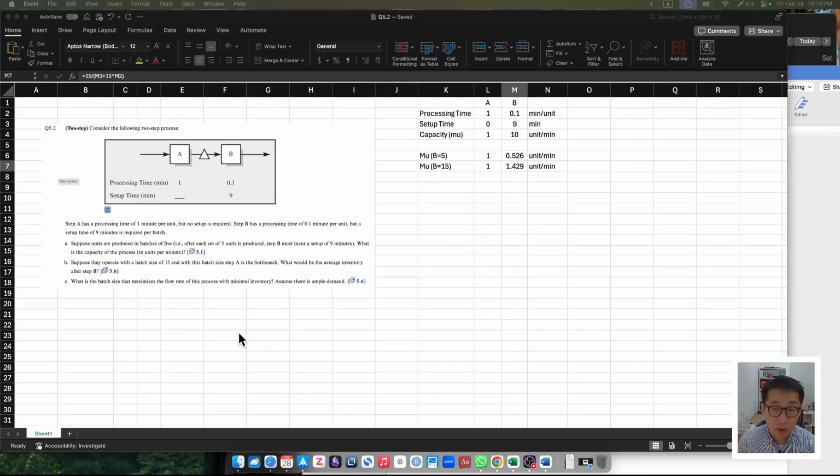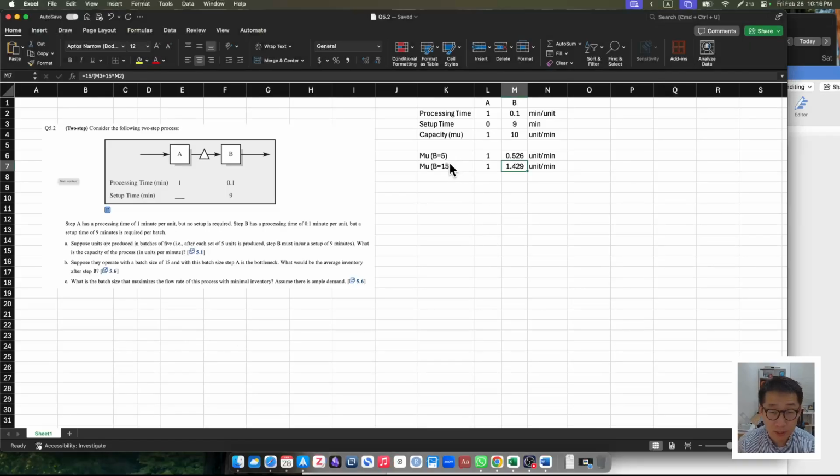If you recall lambda over mu, we have a lot of mu's here and you don't know which one to use. So we need to determine the lambda in this case, lambda when B is equal to 15. How quickly are things passing through here? This doesn't have an assembly process like the example we used in class, which is more explicit in terms of how quickly things are being consumed.